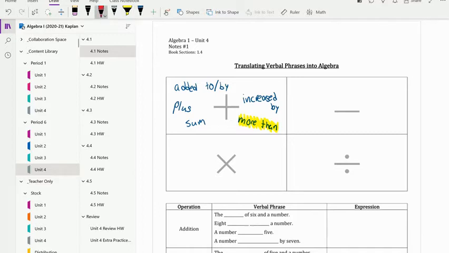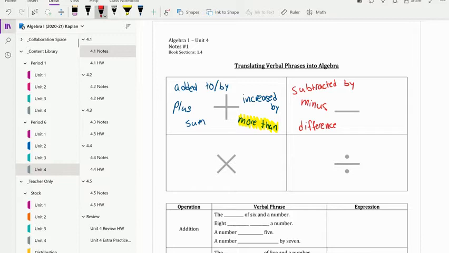Let's talk about subtraction. So there are a couple obvious ones, right? You've got your subtracted by or minus, right? Again, you see minus, you should probably put a minus sign. Hopefully those are the kind of obvious ones there. Just like sum means addition, difference means subtraction, okay?